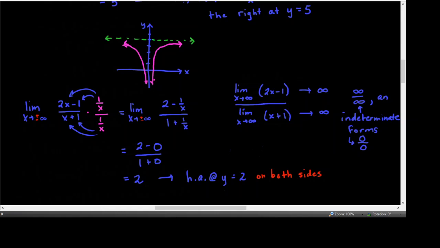Now, these would have been different up here. If this had been negative infinity, then in both cases we would have gone to negative infinity and negative infinity, which is still considered an indeterminate form of the same type as infinity over infinity. And in fact, you could have positive infinity over negative infinity. You could have negative infinity over infinity.